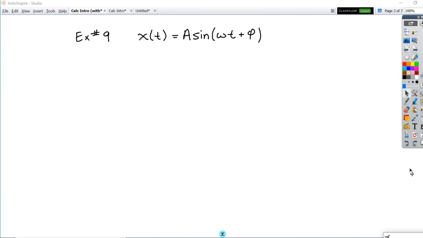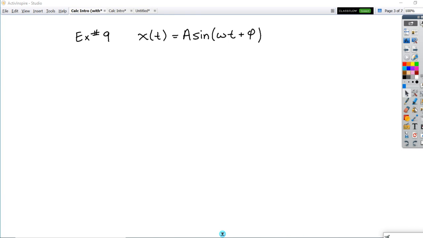The first example, example number 9, is x of t equals a times the sine of omega t plus phi. This is the general form of a wave function. We'll learn later on in the year that a stands for the amplitude of the wave, omega is the angular frequency, and phi is the phase constant.